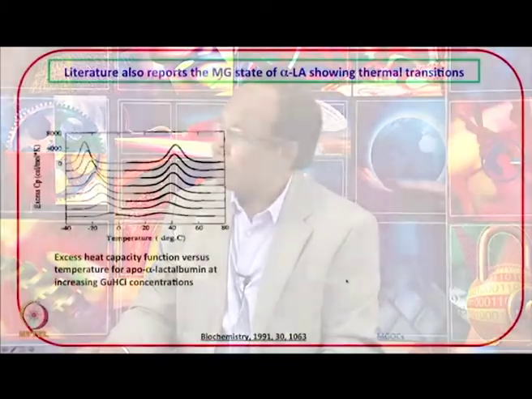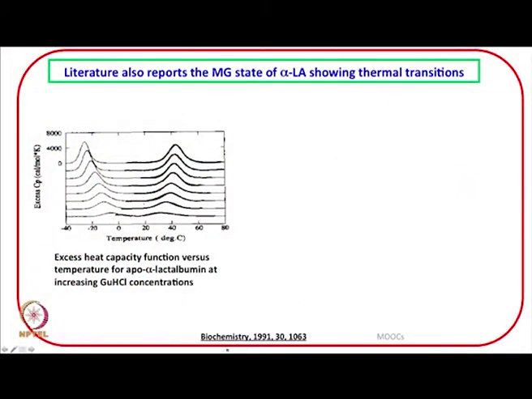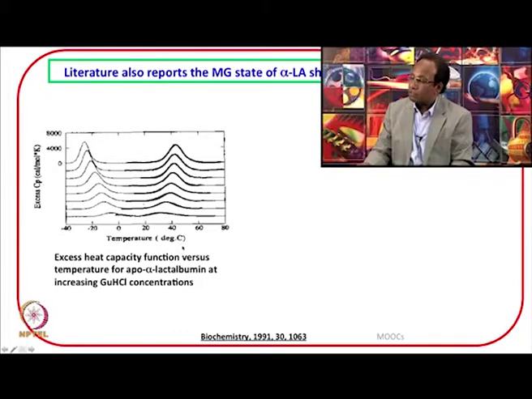This figure, which is adopted from Biochemistry, is a plot of excess heat capacity against temperature, or in other words, a DSC thermogram for unfolding of apo-alpha lactalbumin at increasing guanidinium hydrochloride concentration.